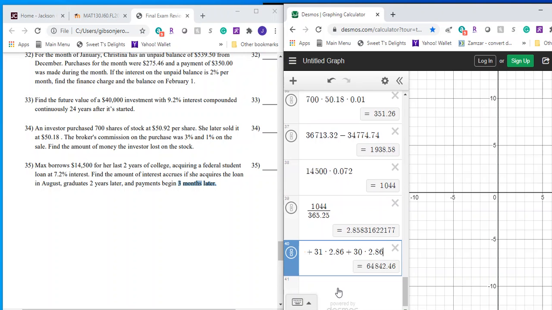I must have typed in something wrong, oh, okay, I see it now. So the interest would be $2,348.26. That would be the total interest that would accrue on this loan.